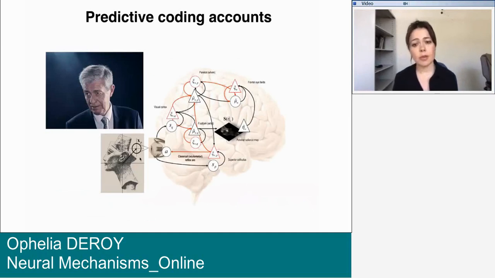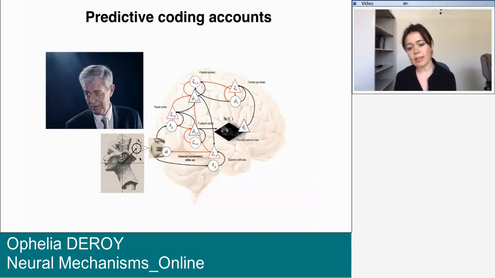And this type of evidence since 1999 has been really accumulating and completed by various neuroscientific and modeling attempts, leading to this idea that all the way through from the highest level to the lowest level of perception, what we have is always an interplay between some top-down predictions and some incoming information.